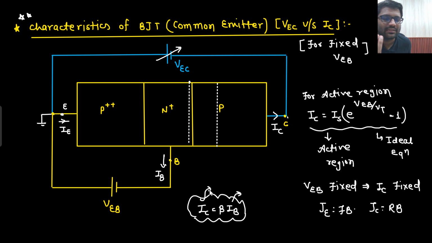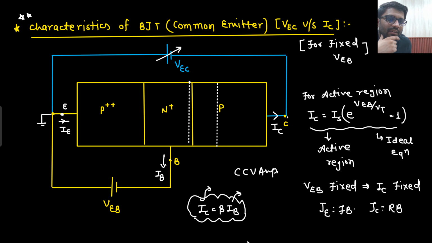That's why I never write these statements: current controlled current source, current controlled current amplifier, voltage controlled current amplifier. Basically, I can make the BJT work as anything. If you look deeply, the IC current depends on this VEB. So I can say that my current is controlled by this voltage. So why can I not say voltage controlled current amplifier?